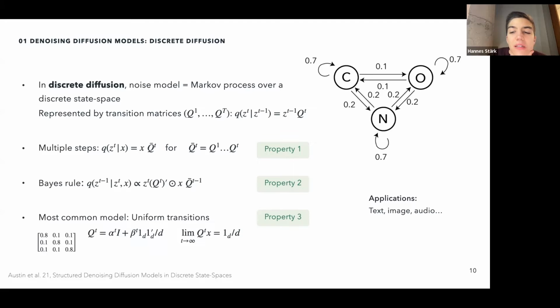Clément? So, yes? In the chat, we have someone asking what's the difference between the transition matrices at different time steps, but they're always the same, right? Yeah, so if you look, for example, at uniform transition model, below you have QT. So it's similar to Gaussian diffusion. You can choose alpha t and beta t. Well, it needs to be to represent probabilities, of course. So it's the same formula, but varying coefficients.